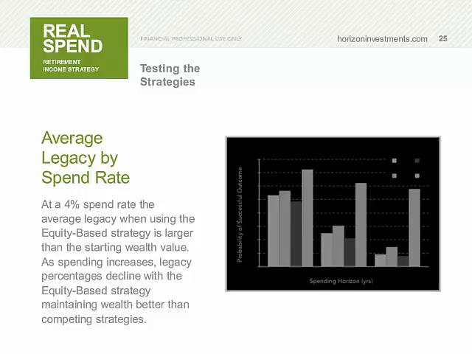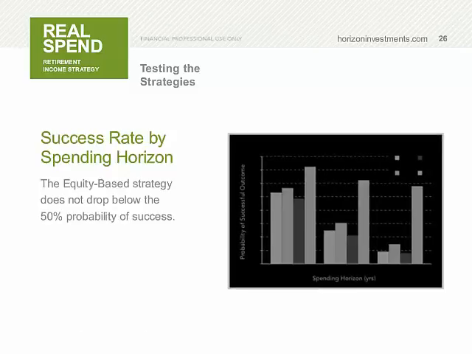The amount of both legacy wealth and success rate go up significantly once you pass the 20-year mark, when you have at least a constant proportion to equities, or an equity-like strategy like the real spend that has logic built into it. And more importantly, the difference between the constant proportion and equity-based strategies versus the bond-only strategies actually grows the further out you go.